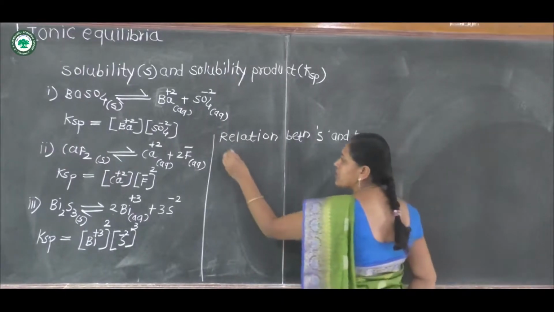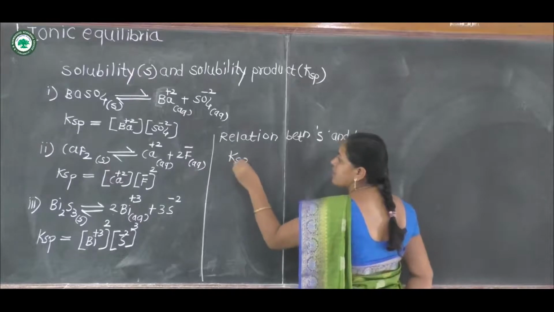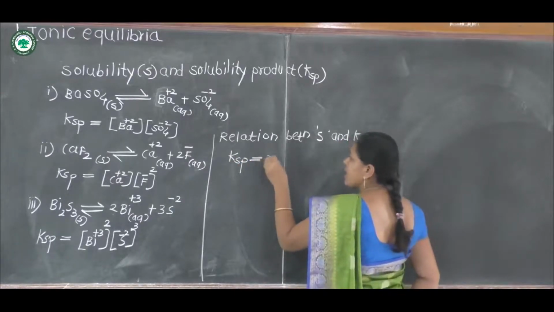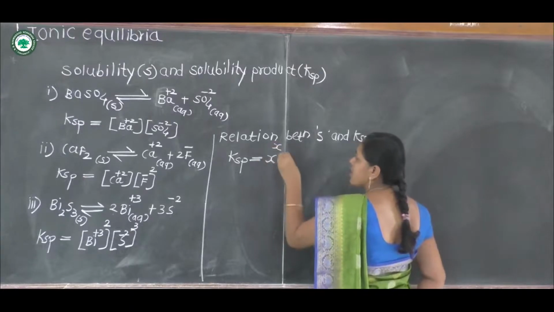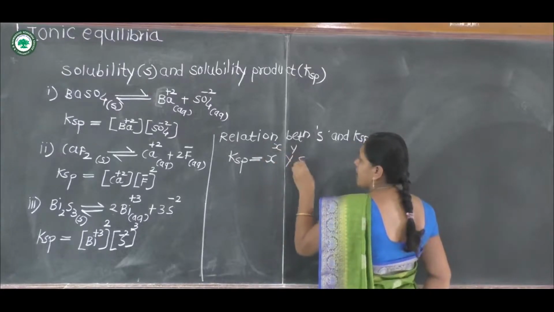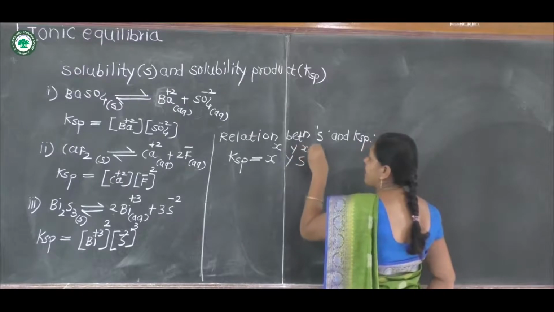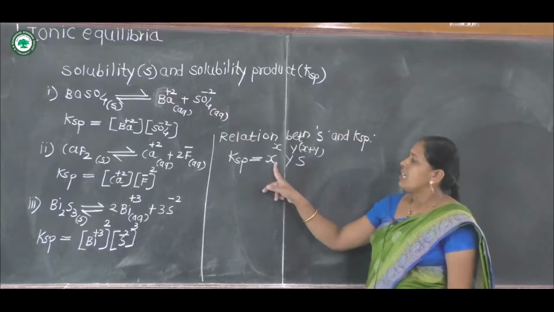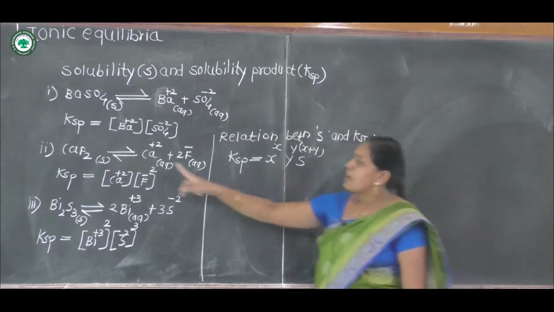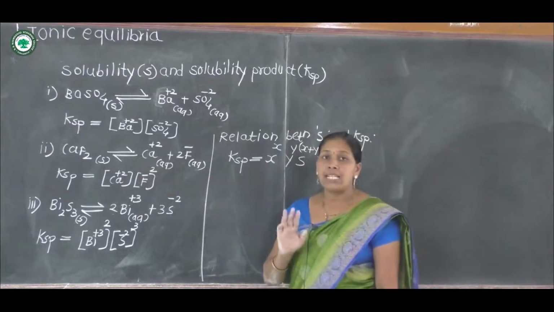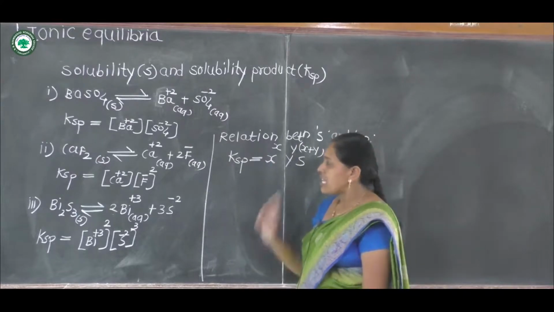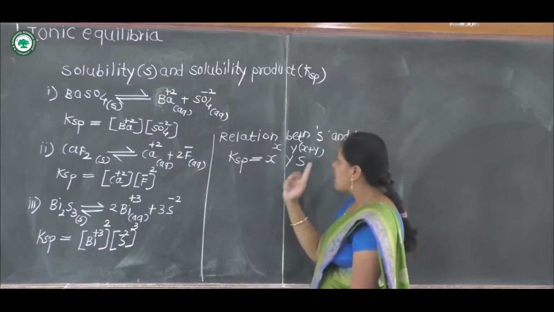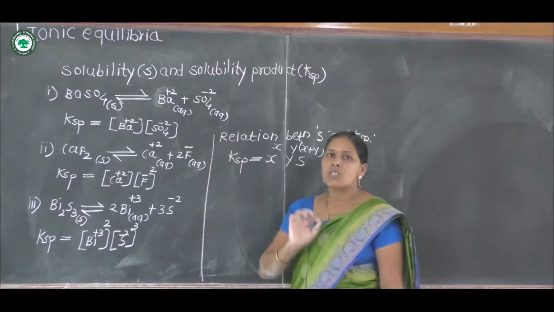The formula is KSP is equal to x raised to x, y raised to y, and S raised to x plus y. In this formula, x is the number of moles of cations and y is the number of moles of anions.